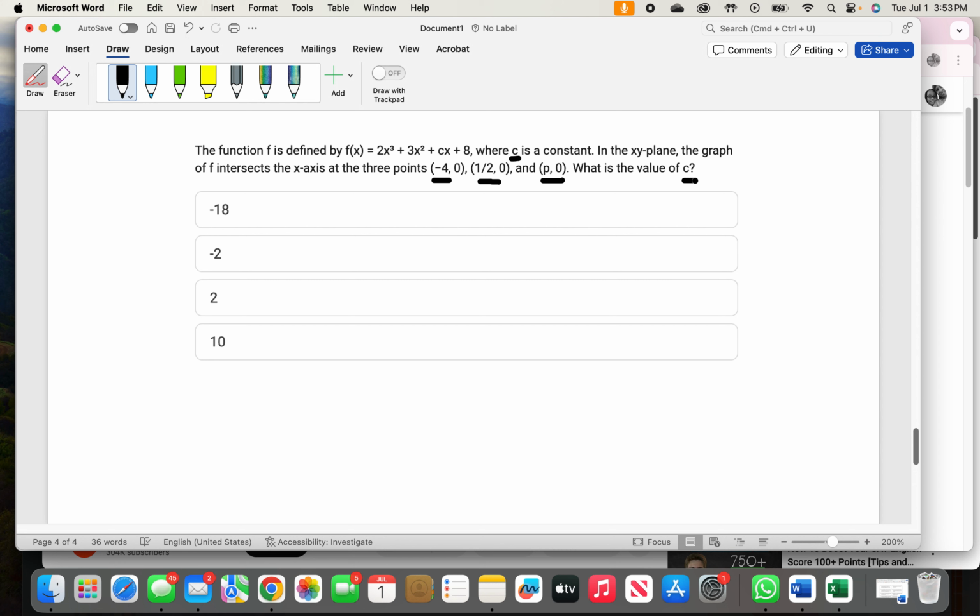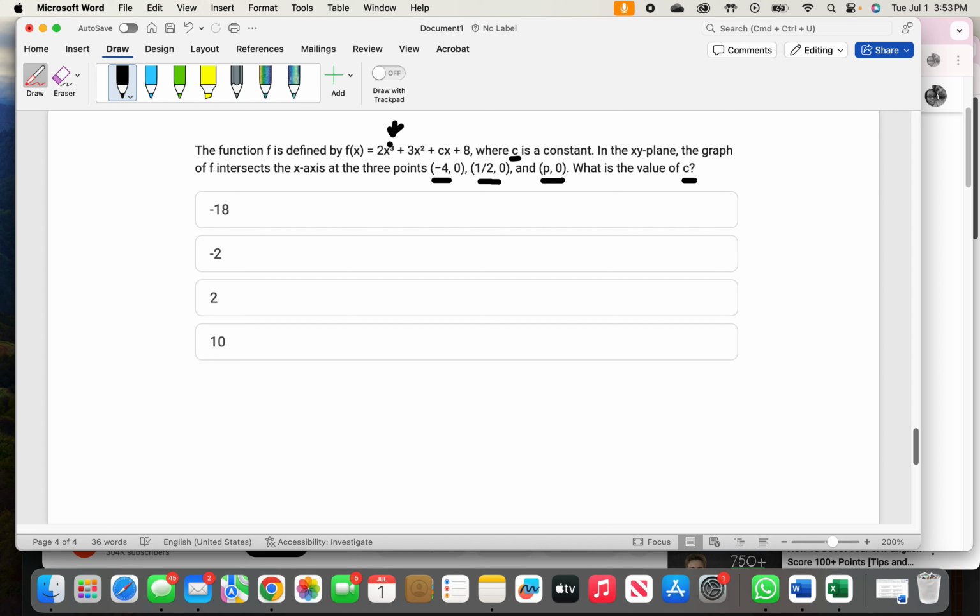Okay, so in order for you to do this question, you need to understand what these 3 points represent in this particular problem. First, this function over here, you see the exponent? The highest exponent is 3, which means that x has 3 values, okay?